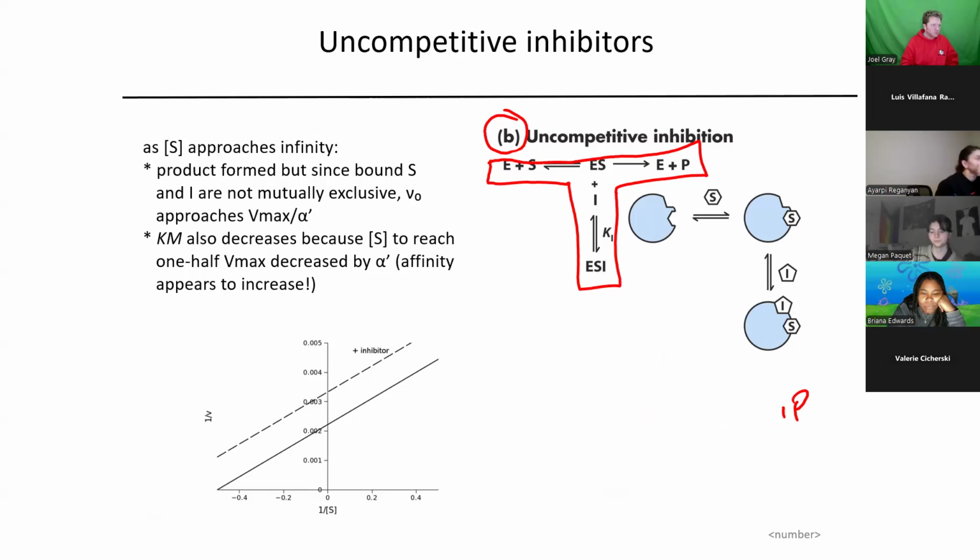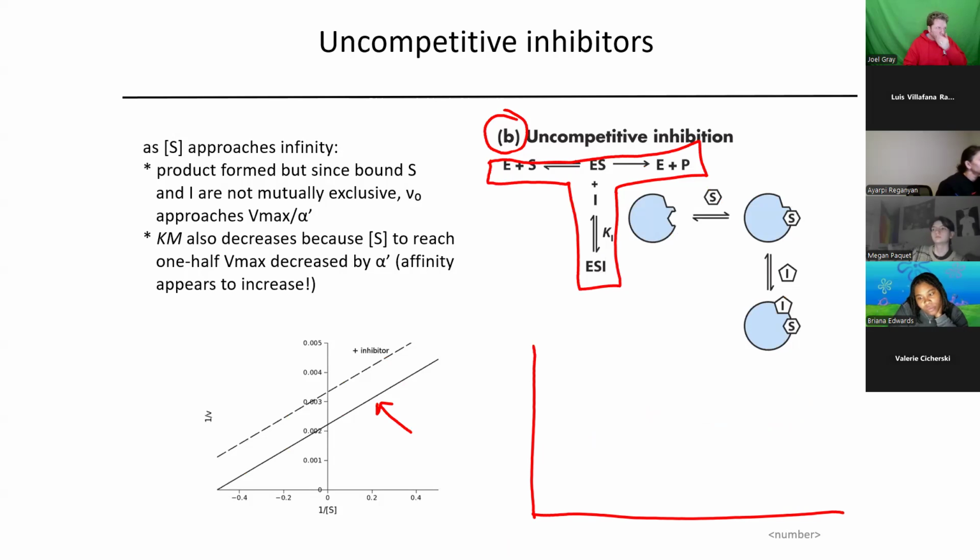Erase all this. Okay. So we've got 2 lines, and I'll draw the Michaelis-Menten plot that corresponds to this. So this bold line is our enzyme catalyzed reaction with no inhibitor.